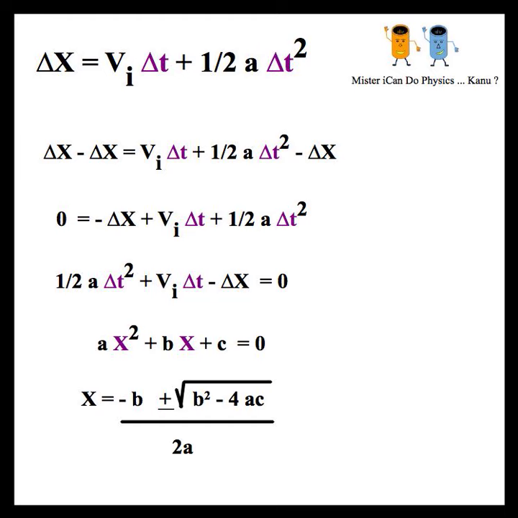In other words, we'll have two answers, one where we take the negative b and add the square root of b squared minus 4ac, another one where we take negative b and subtract the square root of b squared minus 4ac. We'll note also that a, b, and c are simply the coefficients in front of the terms in our quadratic equation.